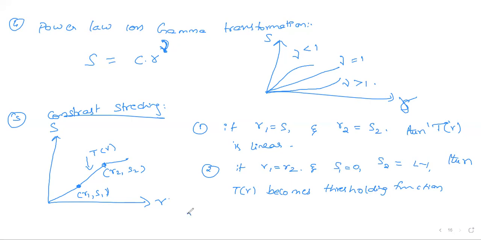And the third one: if r1 is less than or equal to r2 and s1 is less than or equal to s2, then T is a single valued and monotonically increasing function.